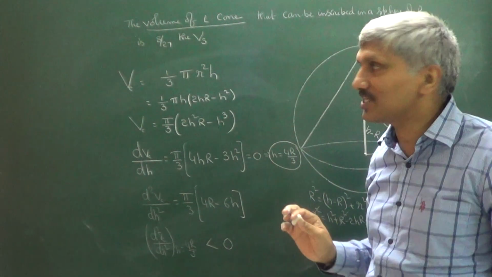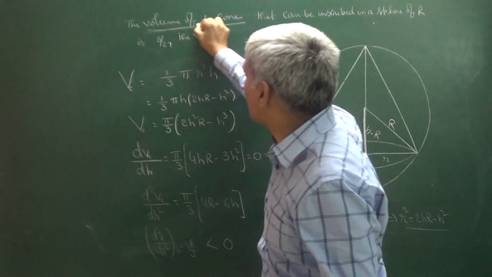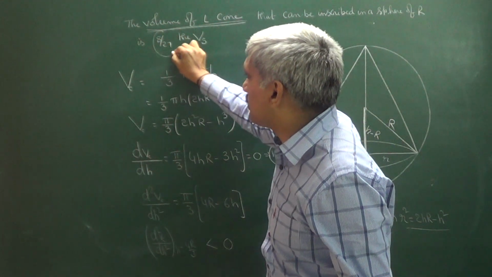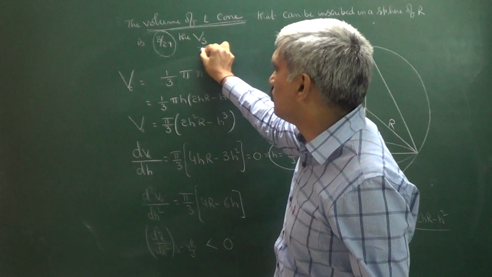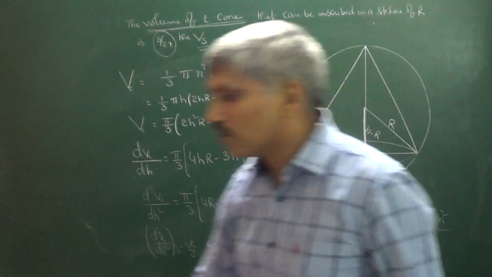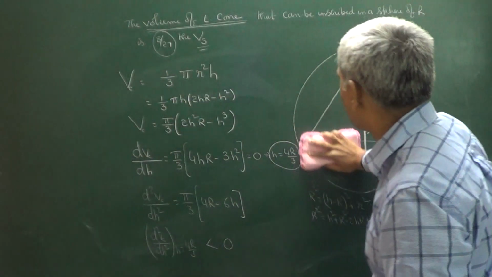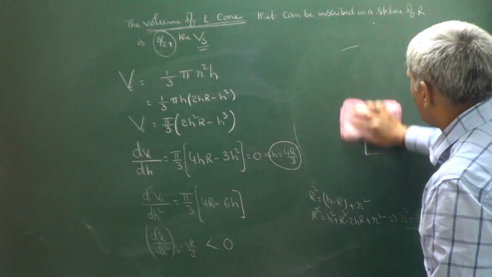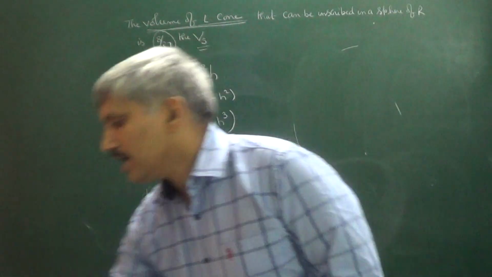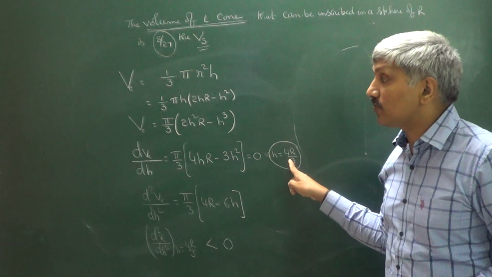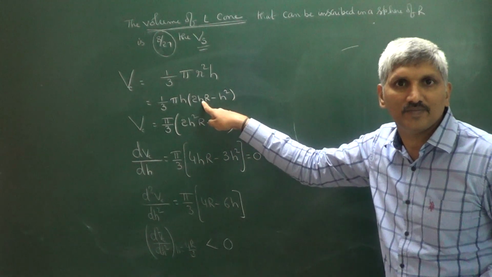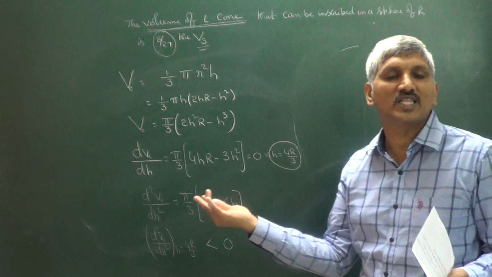What is being asked is that the volume of the cone is 8/27 times the volume of the sphere. We got the h value. That h value we will substitute in the volume function, then we will get the maximum volume.